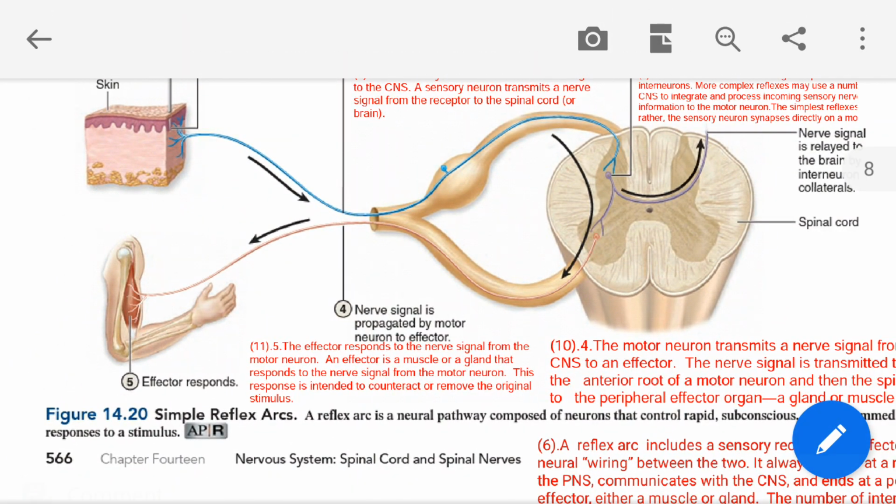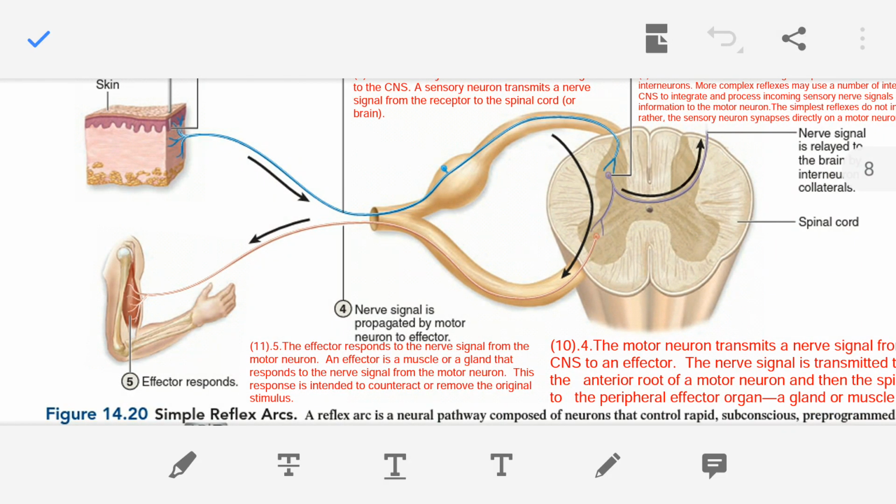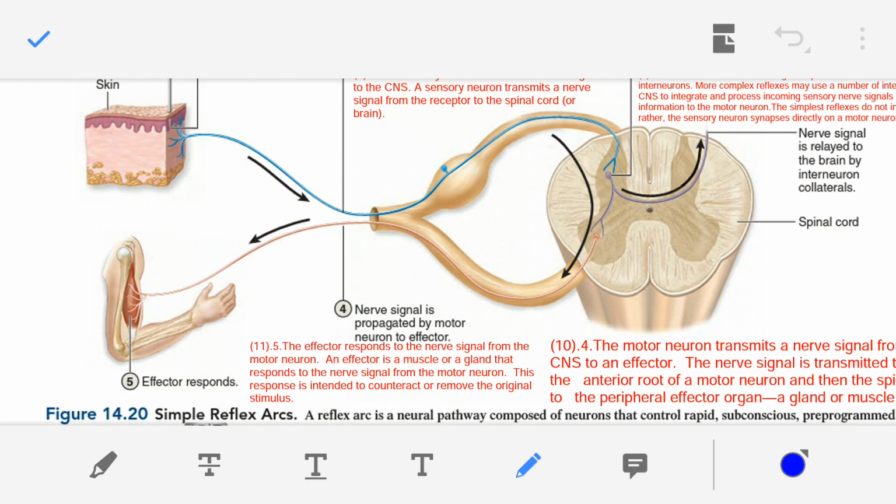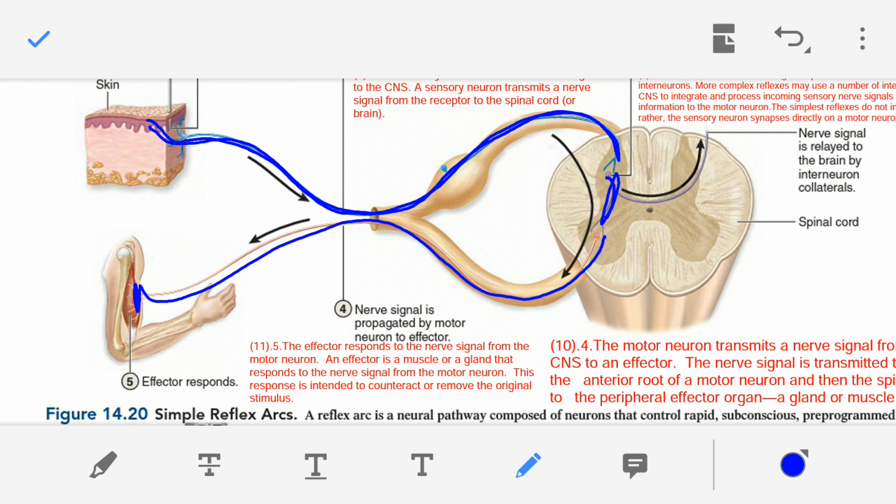In this case, this is the arc. See, sensory receptor in your skin, then sensory neuron, then this interneuron, then this motor neuron, and finally this effector. This entire neural wiring is known as the reflex arc.